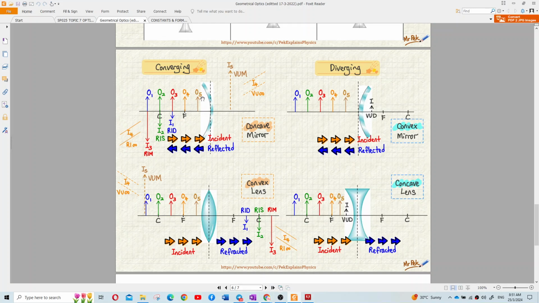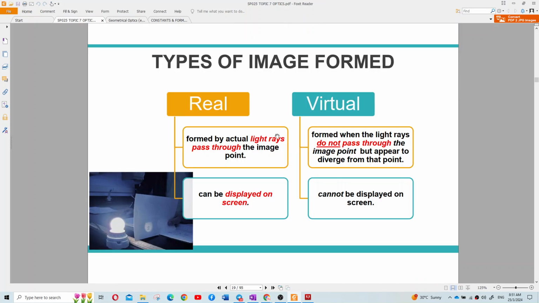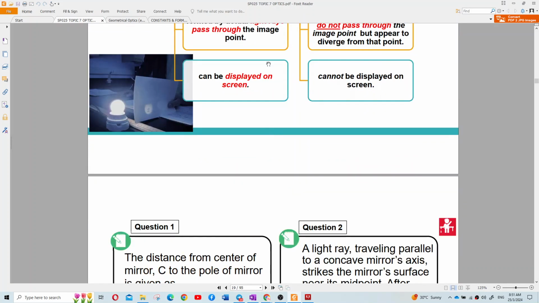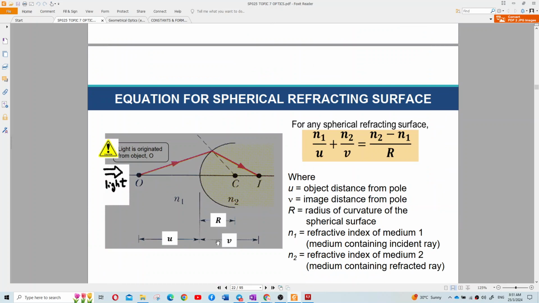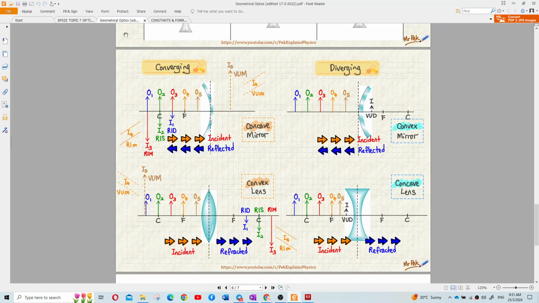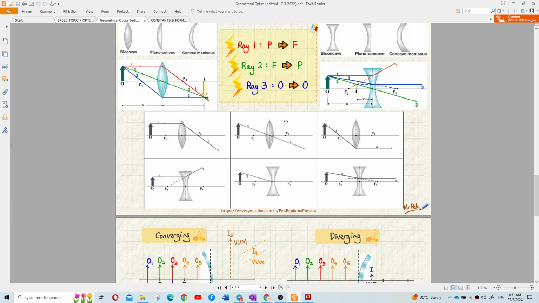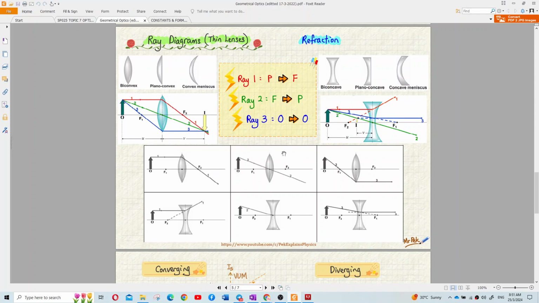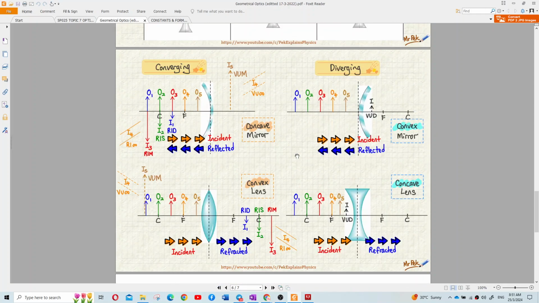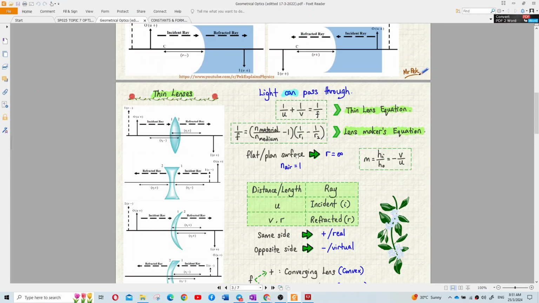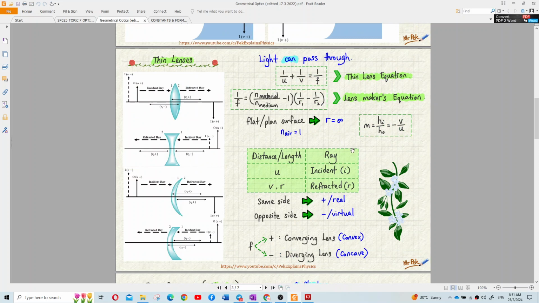Okay, about the positive and negative sign. Here I want you to pay a bit of attention. This is a ray diagram, how to draw it. This one I will go through with you at the tutorial class later. For thin lens, we also use the same thing.